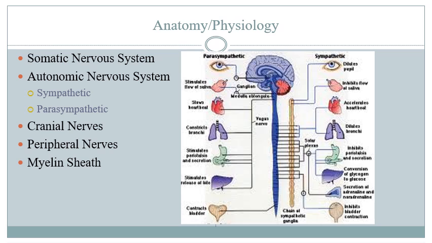It might be a little hard to read, but it shows the various functions throughout the body of the sympathetic nervous system versus the parasympathetic nervous system. You can take a quick look at that and see the different parts of the nervous system and how they're influenced by each one of those portions.